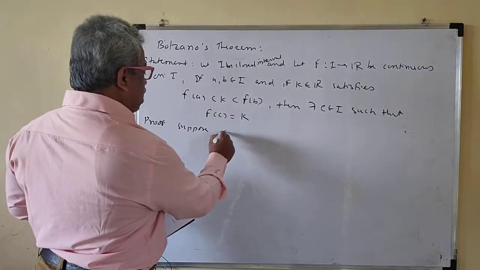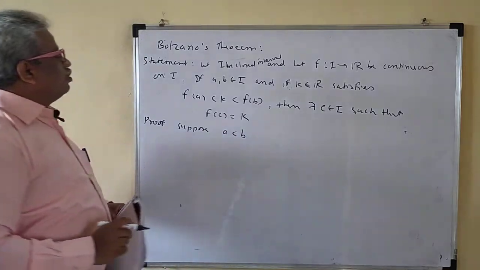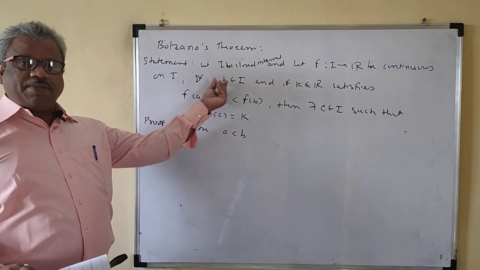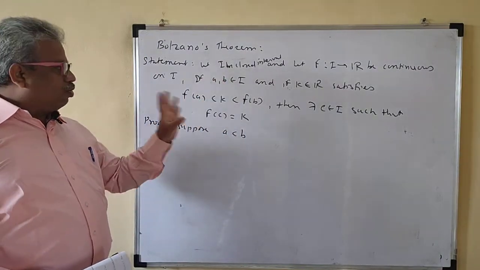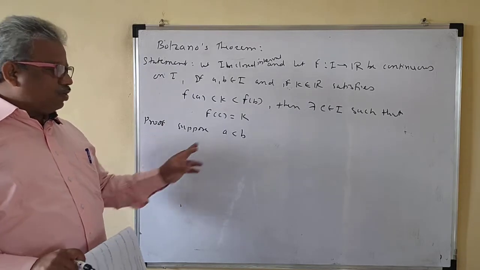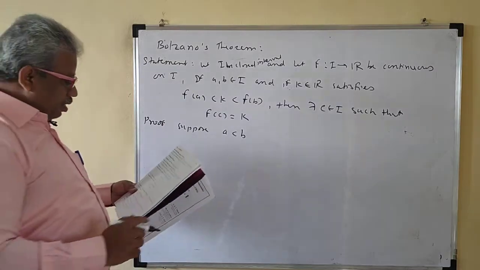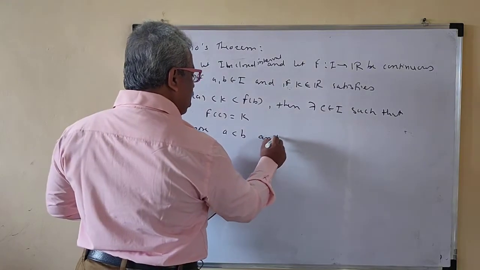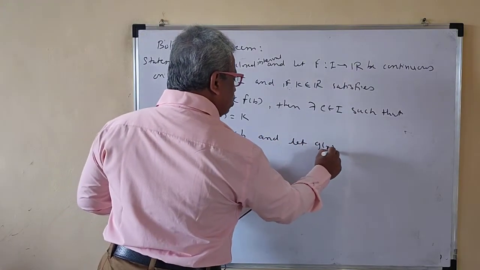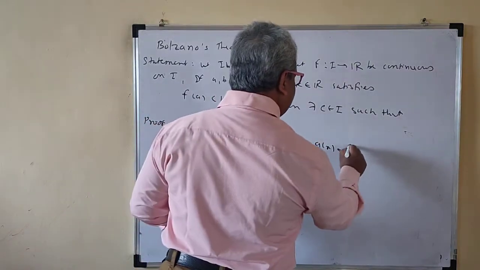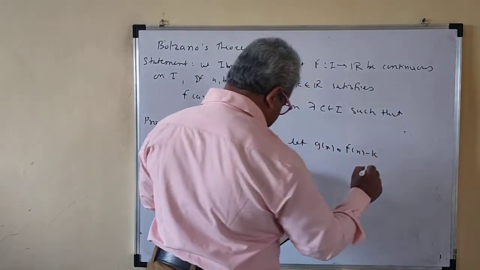Suppose a is less than b, because here we are given only that a, b belong to the closed interval. So we suppose that a is less than b, and let g(x) equal f(x) minus k.